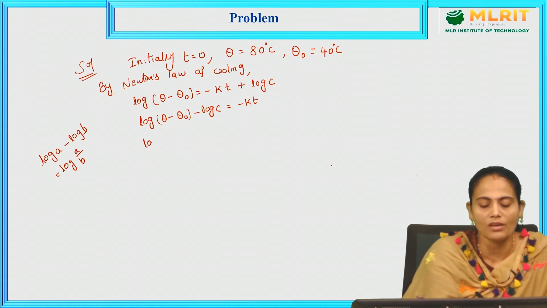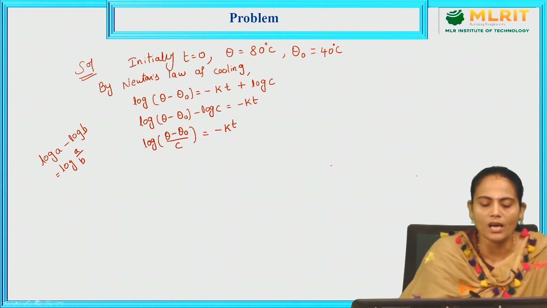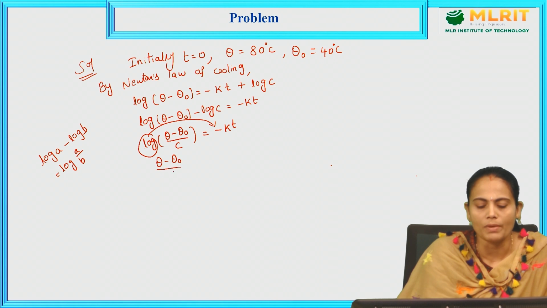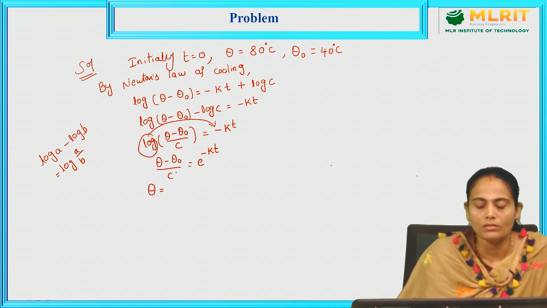So now we are going to use this formula. Log of theta minus theta naught by c is equal to minus kt. And now you have to bring this logarithm to the right side, so this turns to the exponential. So theta minus theta naught by c is equal to e power minus kt. After the simplification, this gives theta is equal to theta naught plus c into e power minus kt.